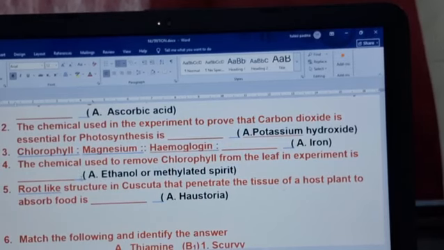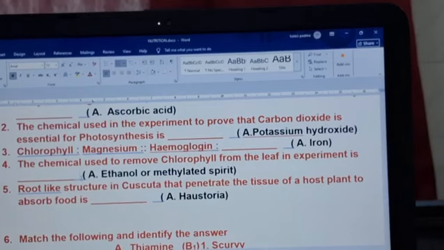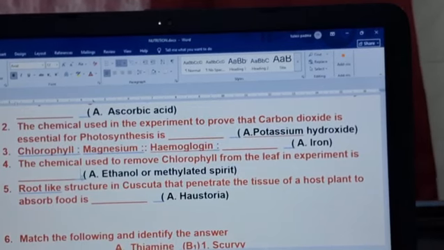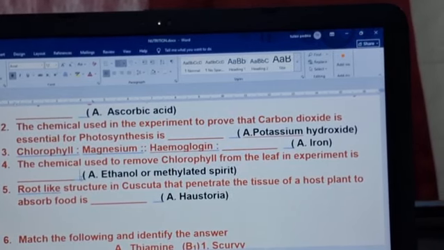This is the chemical. On heating in the water bath, the green colored leaf becomes pale in color, because chlorophyll is removed from the leaf.